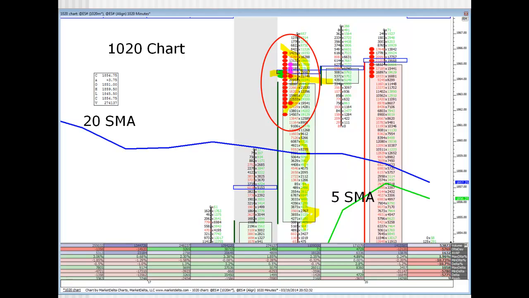Otherwise, if all this accumulation of activity was buyer driven and the buyer was really the dominant force, we would have expected at minimum to close way up here close to the high. So already we have an inclination to believe that sellers have stepped up, and in fact there is some selling pressure that the market has encountered.